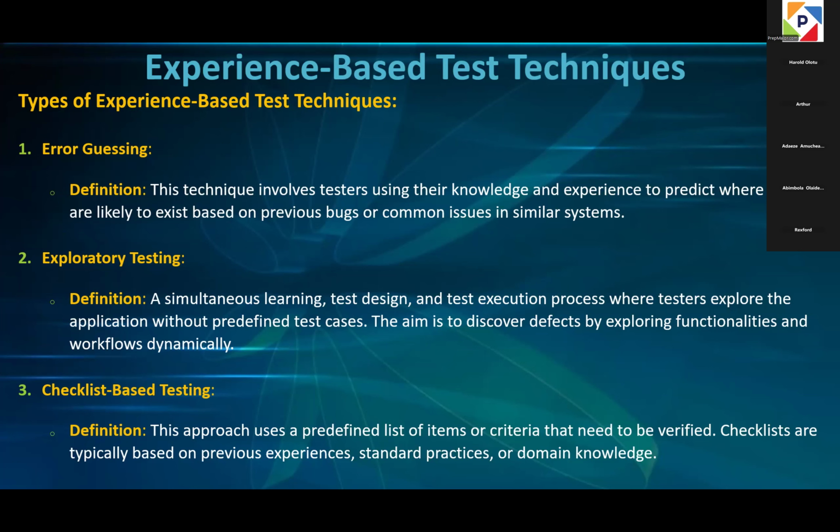This approach uses a predefined list of items or criteria that need to be verified. Checklists are typically based on previous experiences, standard practice or domain knowledge. Okay, with this, when you are exploring that particular application, you begin to create checklists, to also put on paper that these particular scenarios you are creating need to be verified as well.